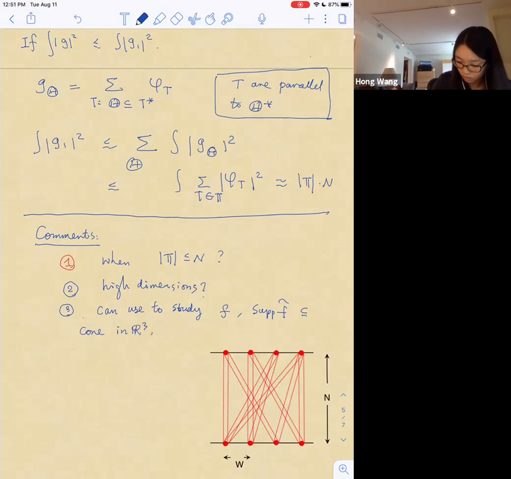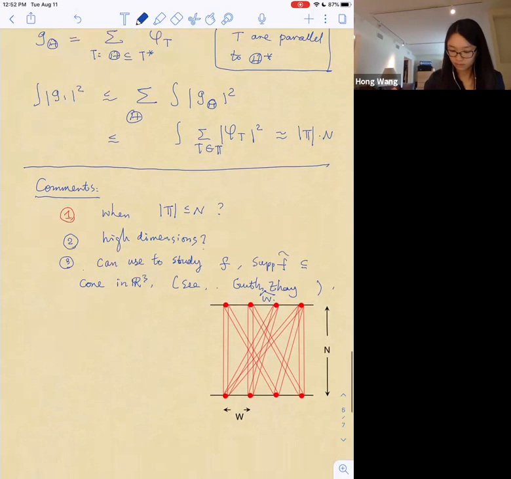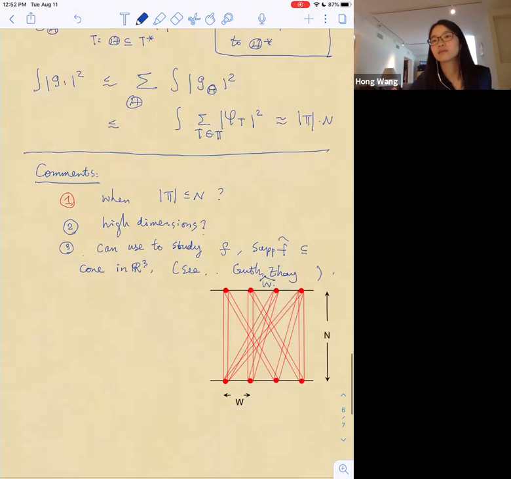So for this one can see the work with Guth and Zhang, myself, on the square function estimate. Okay, now I see the time is up, so I think I will stop here. Thank you for your attention.